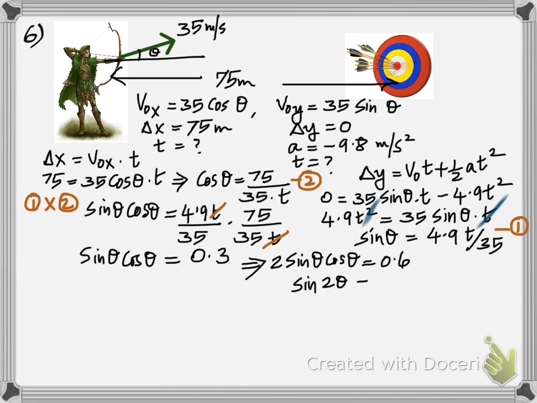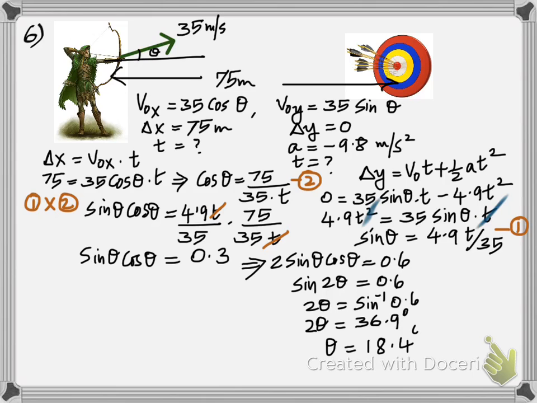And the left hand side is a trig identity for sine 2 theta, from which you can find 2 theta as sine inverse of 0.6. So you get 2 theta as 36.9 degrees, and theta is half of that, which is 18.4 degrees.